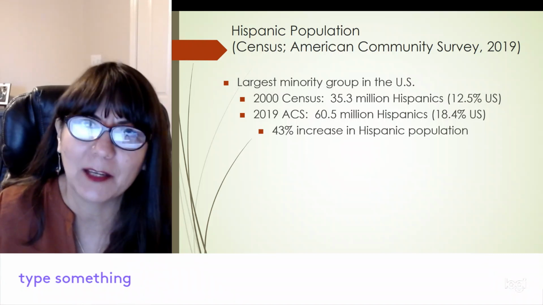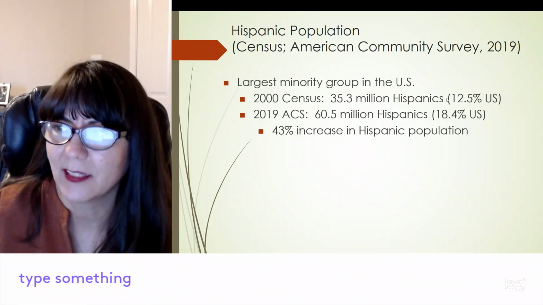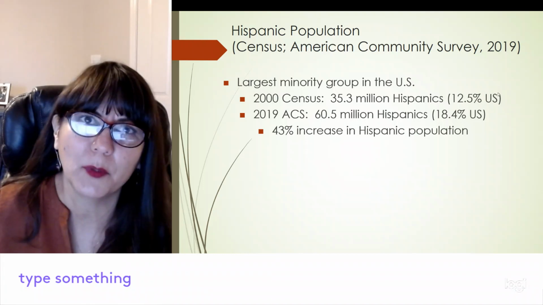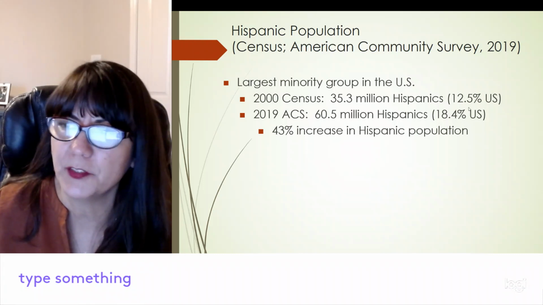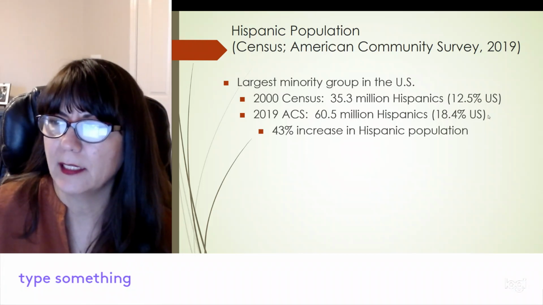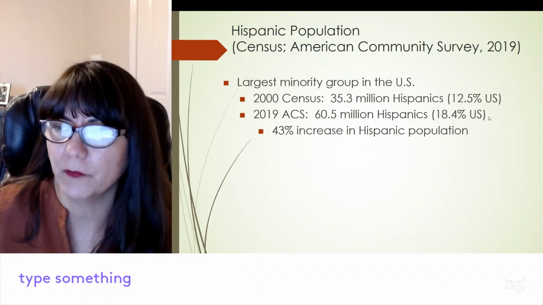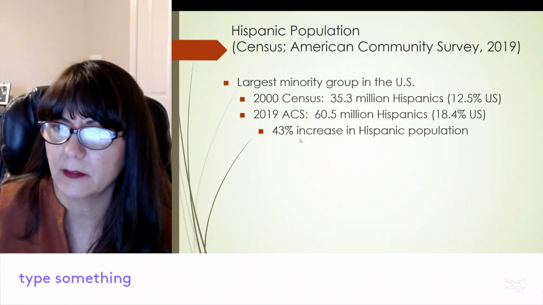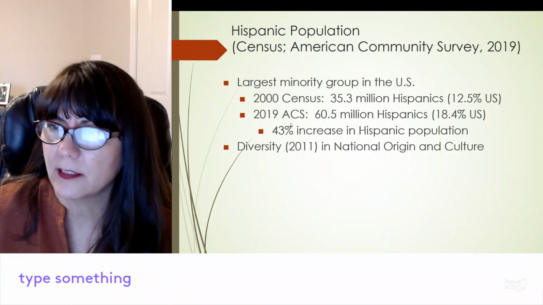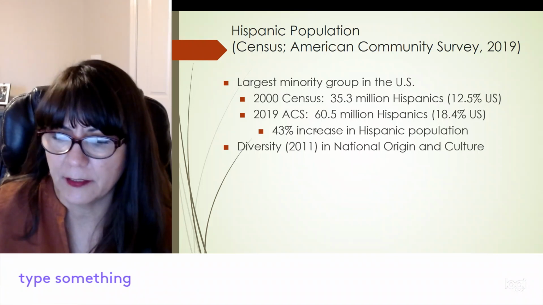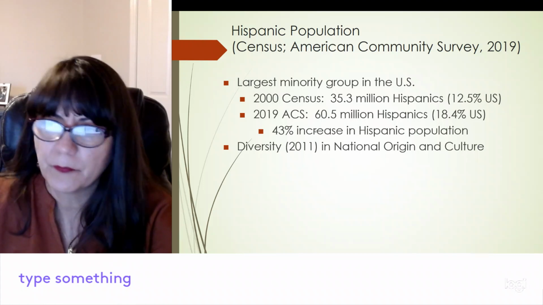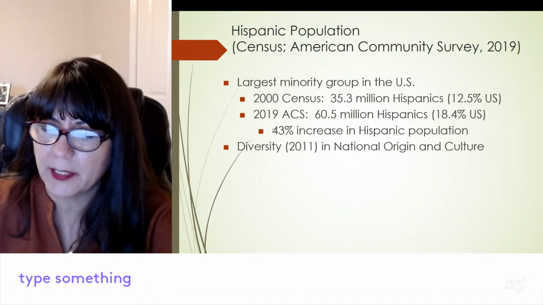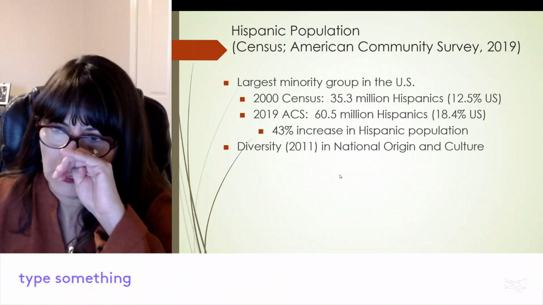Back in 2000, Hispanics made up about 12.5% of the U.S. population. In 2019, it makes up 18.4% of the population. So you can see that there's been a significant increase. And I adjusted the numbers last night, so I don't know that this 43% is correct. But I'll fix it right after the lecture and make sure I put in the correct percentage increase.